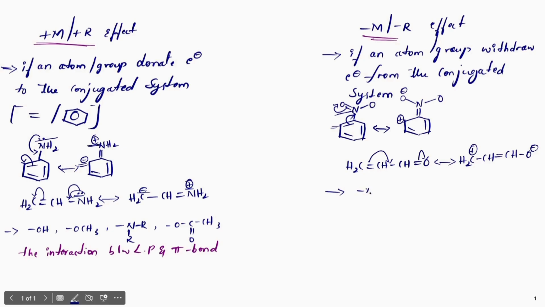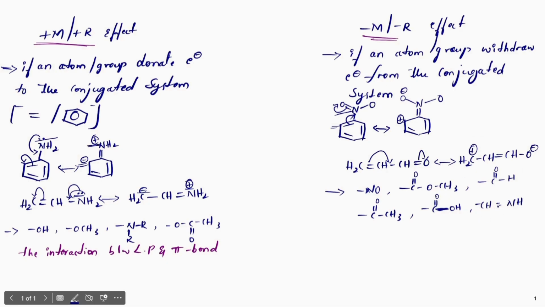NO group is an electron withdrawing group, and again C double bond O OCH3, and then C double bond O C single bond H, C double bond O CH3, and C double bond O OH, then CH double bond NH.